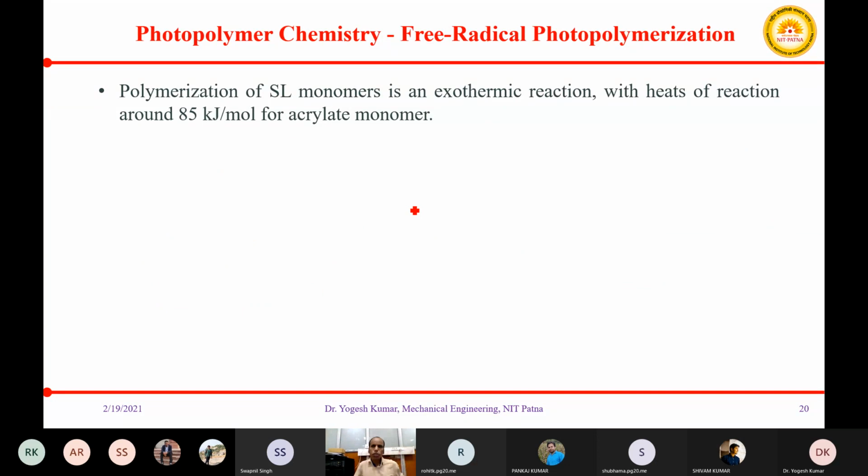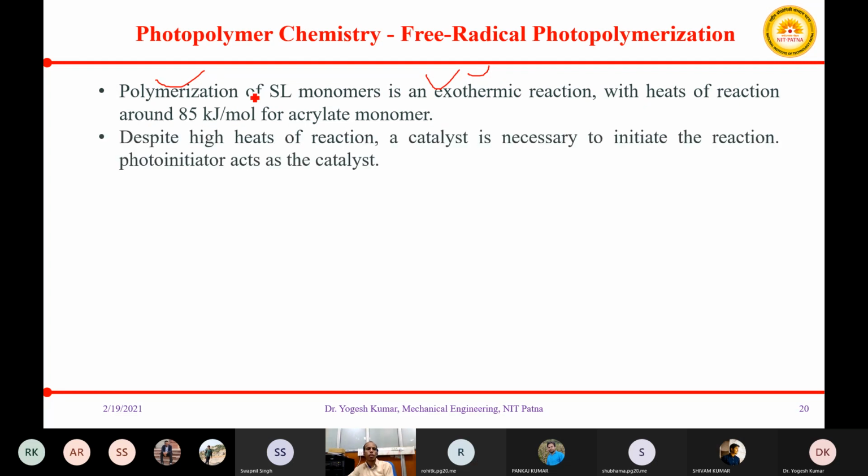Moving ahead, how does free radical photopolymerization take place? In free radical photopolymerization, the polymerization of SL monomer is an exothermic reaction. That is, heat is generated when this polymerization takes place, and the heat of reaction is approximately 85 kilojoules per mole for acrylate monomer.